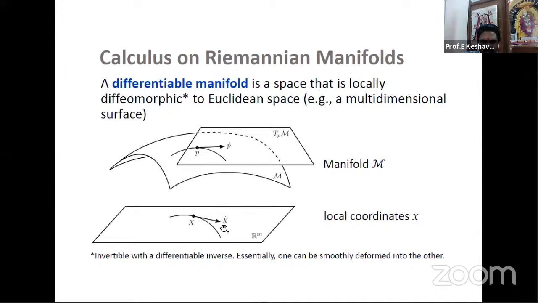So the local coordinates are x. Invertible with a differentiable inverse, essentially one can be smoothly deformed into the other.